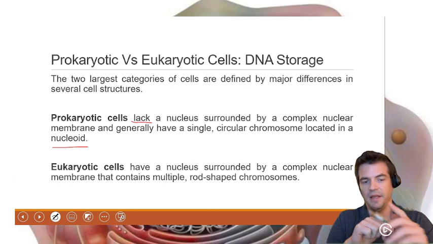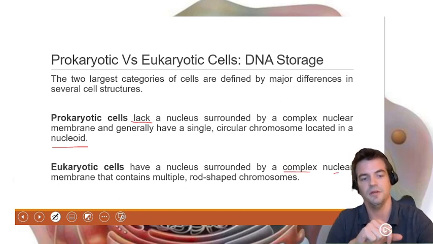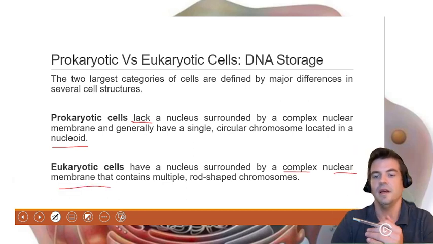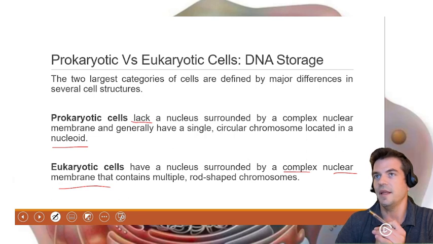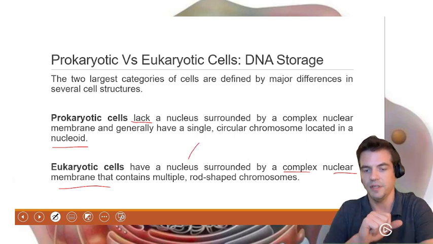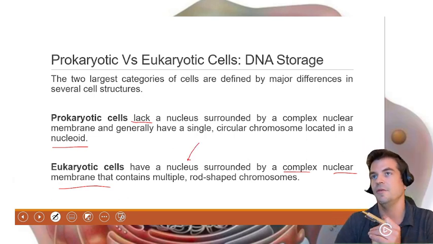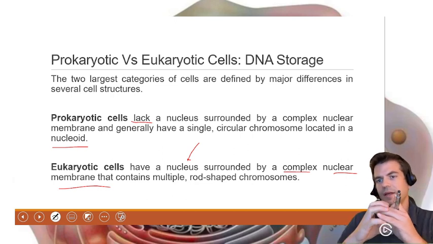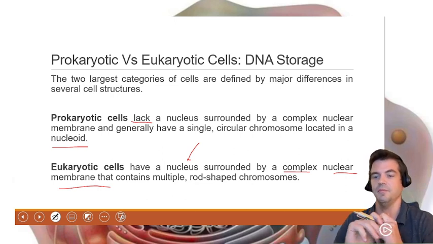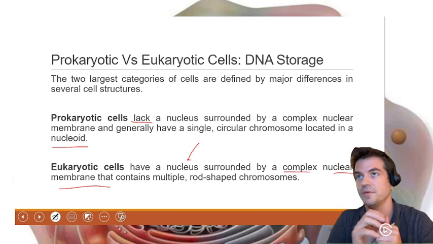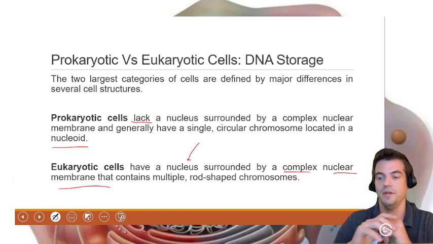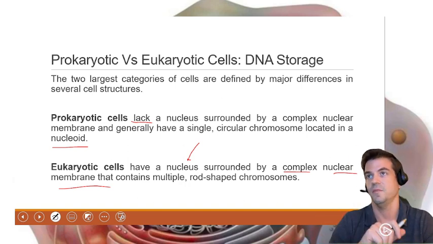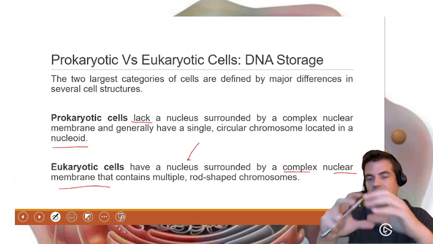Eukaryotes instead have a very complex nuclear membrane that we will talk about, and that encloses a nucleus. That nucleus is kind of the classic place where I put DNA. But it is important to remember that a prokaryote has a nucleoid, not a nucleus. There's no membrane-bound area.